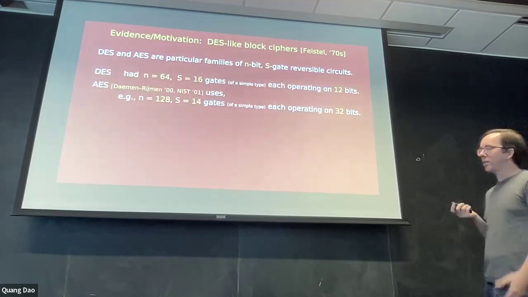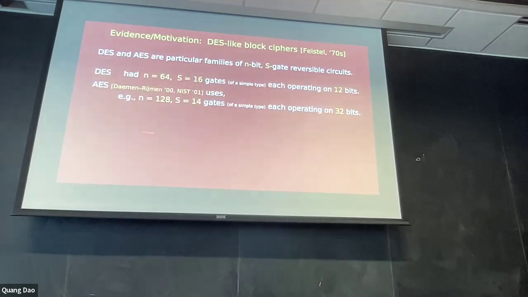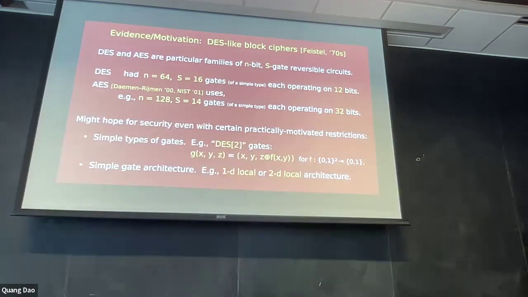I don't know if this is right, but I was just copying off Wikipedia: I think AES has 128 bits and 14 rounds, where each round you do some relatively simple operation on a subset of bits. So maybe these are a bit different in the sense that here all your operations are on the smallest number of bits.